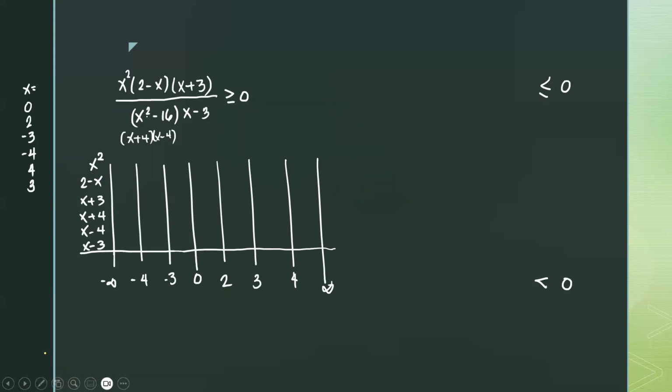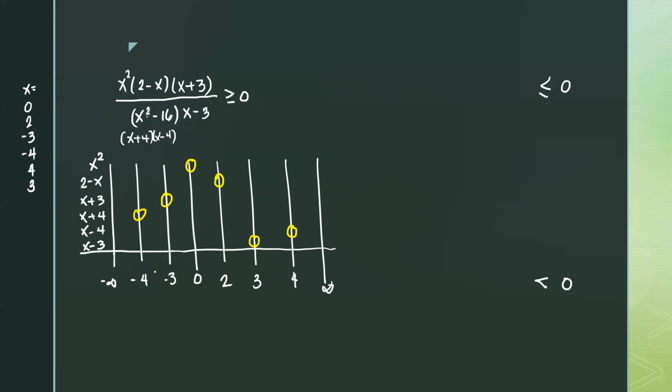Okay, let's encircle all the zeros. So for the zeros, 0; 2 minus x happens at 2; x plus 3 happens at -3; the x plus 4 happens here, it's zero there, and then -4 is here, lastly -3. Okay guys, again, question.